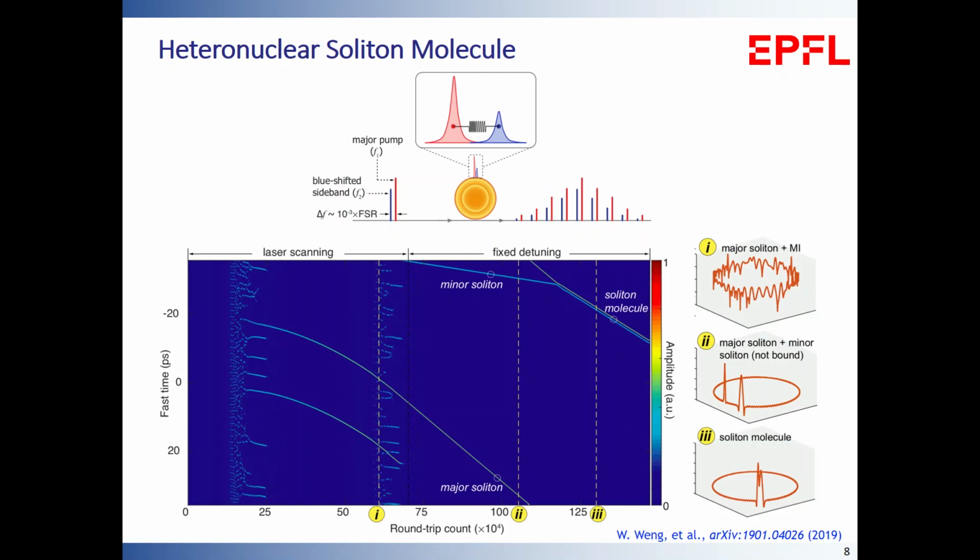So here is the situation that I just described. We use two lasers, right? These two lasers are pretty close to each other. They are not more than one FSR away from each other. They pump one resonance, one after another, right?